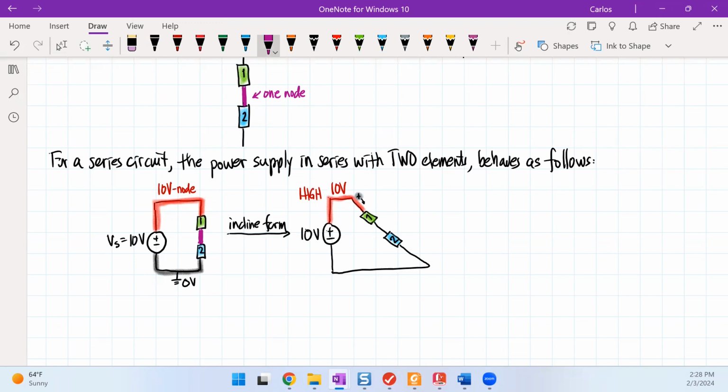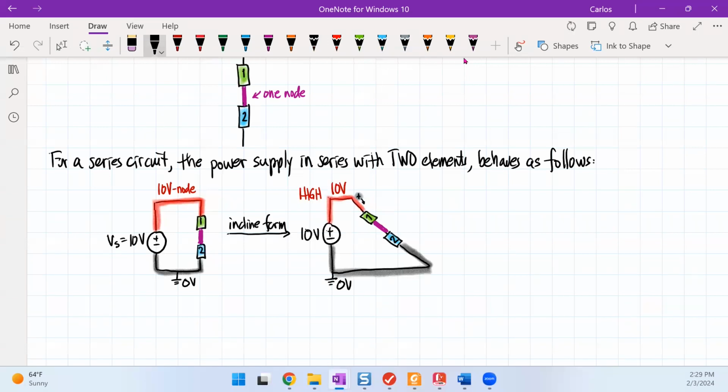Now, if I look at this, you could see that this is one node right here, and then my ground node is still right here. And so what we see here is what's happening to that charge.